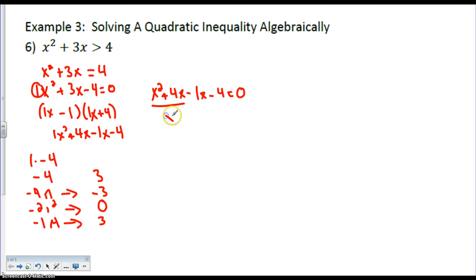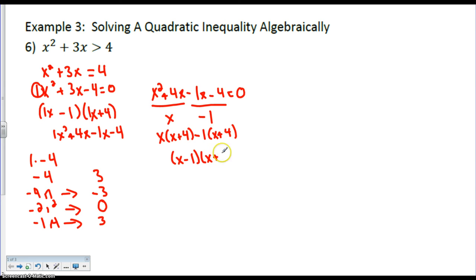So right here, the greatest common factor is x. The greatest common factor there is negative 1. So I can get x times x plus 4 minus 1 times x plus 4. So I get the same thing: x minus 1 times x plus 4.